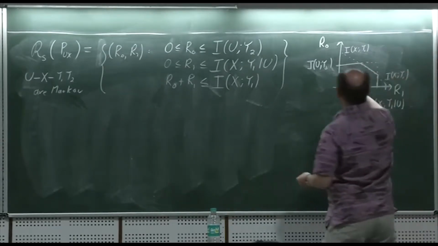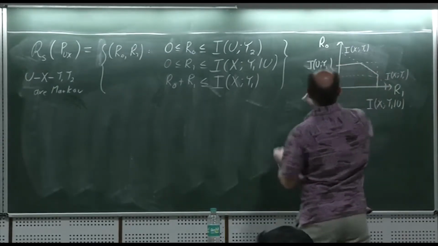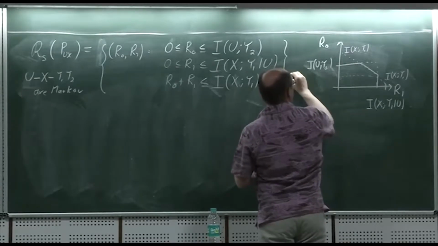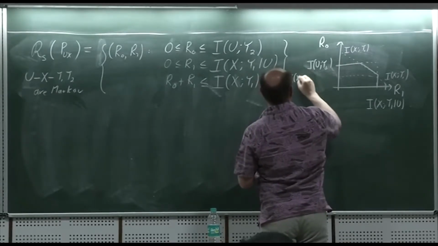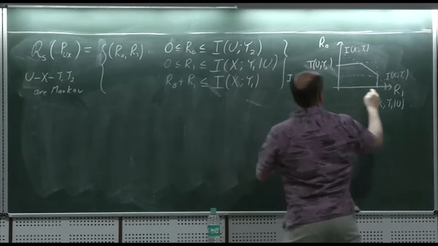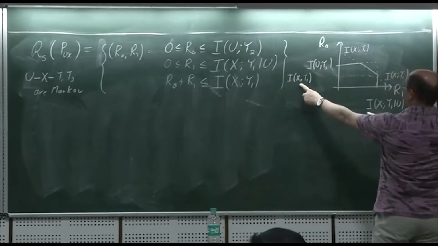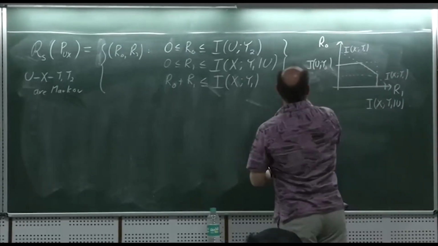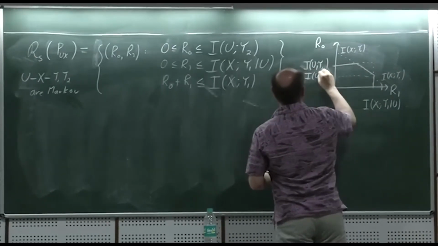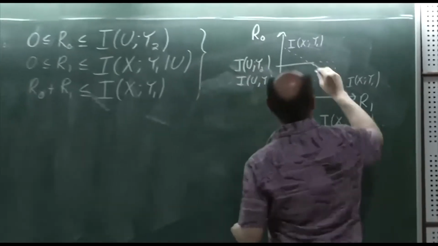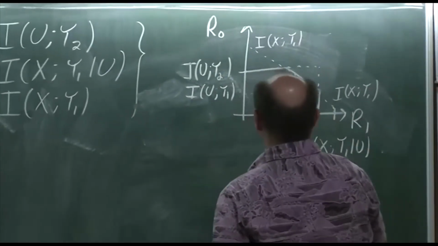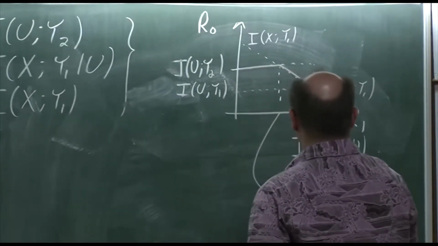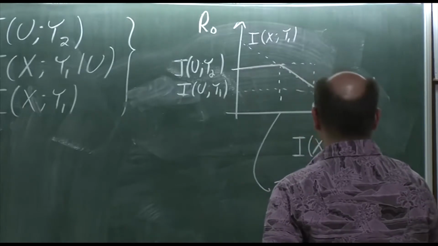pentagon, and so this point here is going to be I(X; Y1), which is the same as I(UX; Y1) minus I(X; Y1 | U). So this here is I(U; Y1). And this point here is I(X; Y1) minus I(U; Y2).